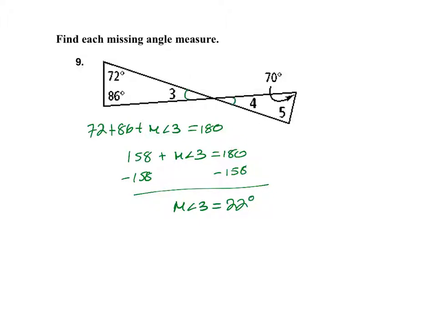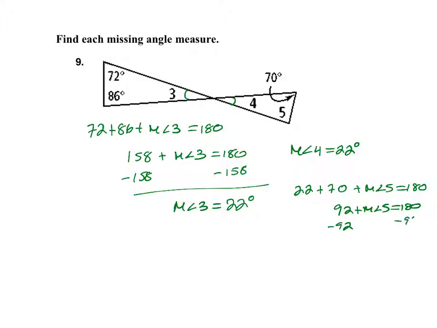Angles 3 and 4 are congruent because they are vertical angles, so the measure of angle 4 equals 22 also. And then 22 plus 70 plus the measure of angle 5 equals 180. So 92 plus angle 5, minus 92. The measure of angle 5 equals 88 degrees.